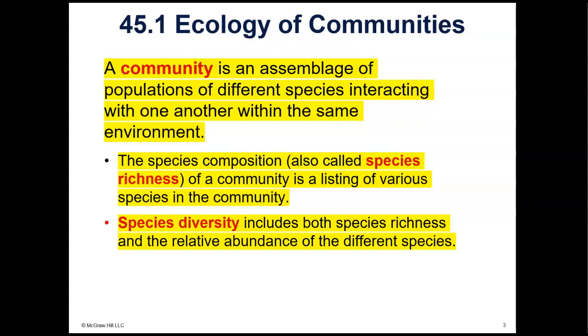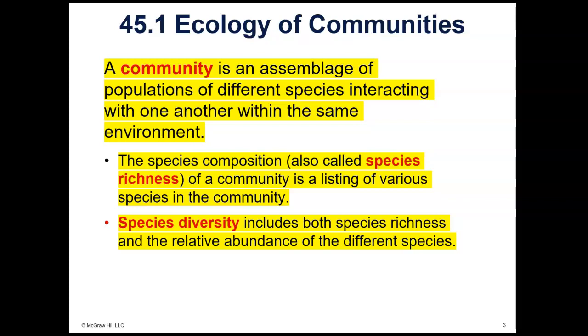So a community is an assemblage of populations of different species interacting with one another within the same environment. Another way to look at it is we define an ecosystem as the community plus the habitat, the community being all the living things and the habitat being all the non-living things.